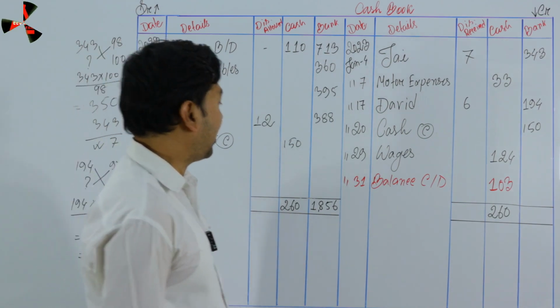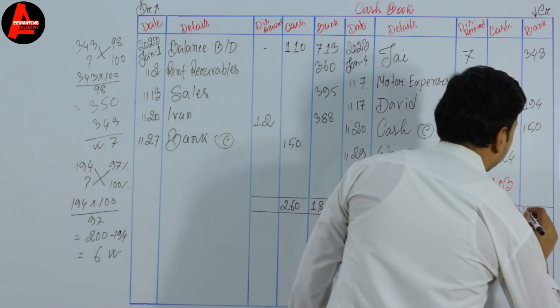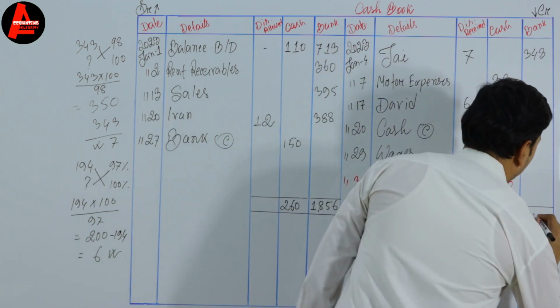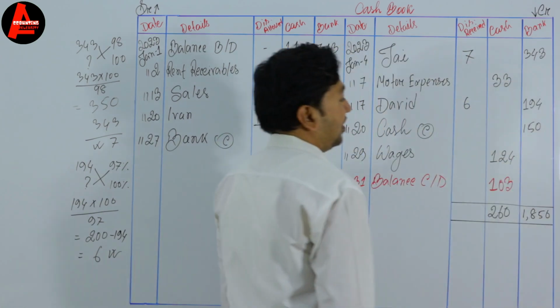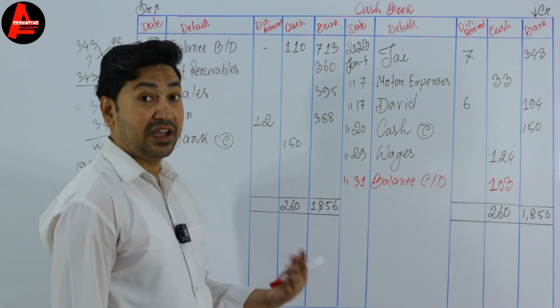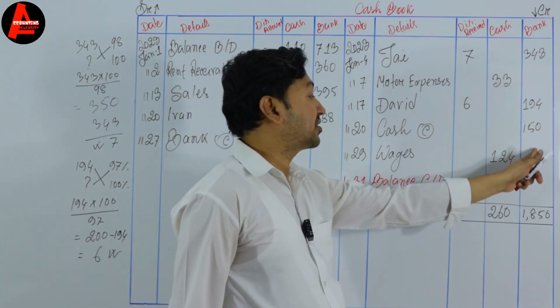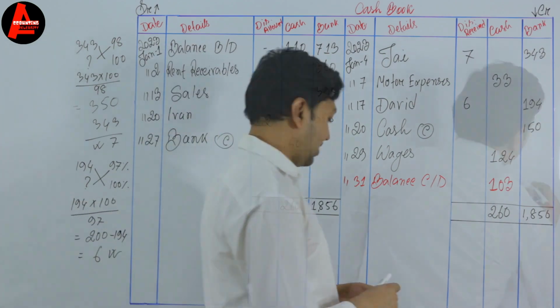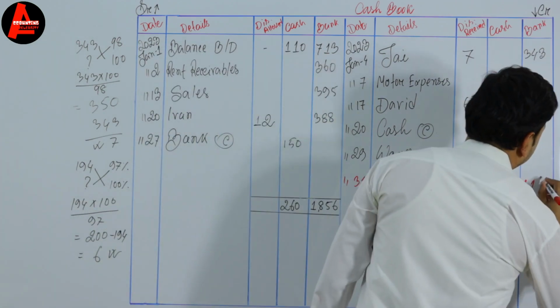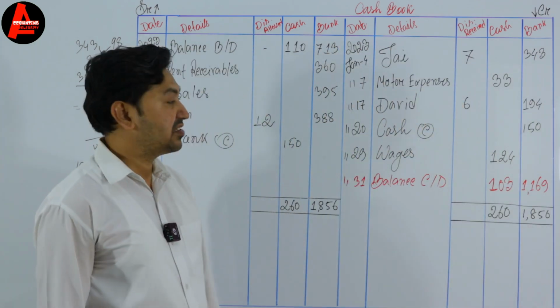Now we will take this amount to the opposite bank column, which is the credit bank column, 1,856. Like cash, we will subtract all these amounts from this total, and we get $1,169, the closing balance of bank.